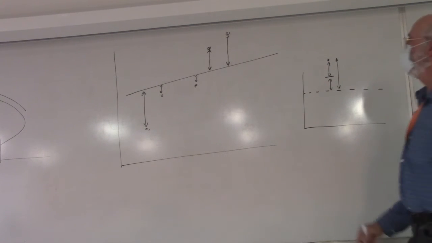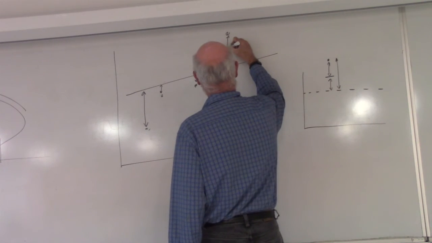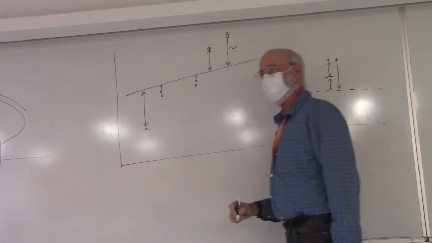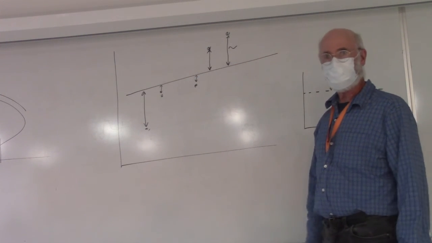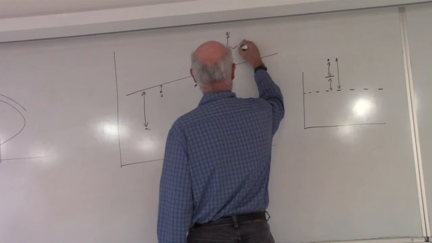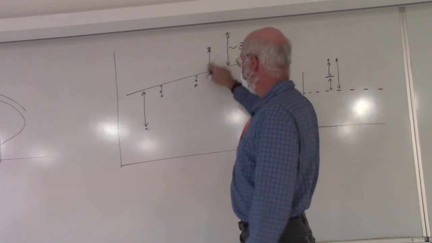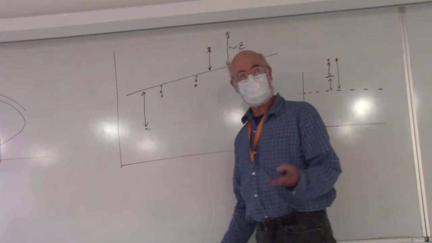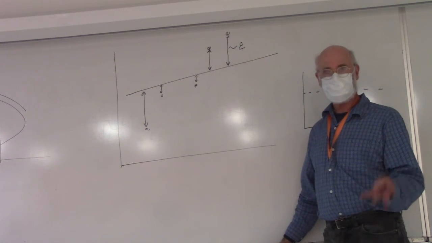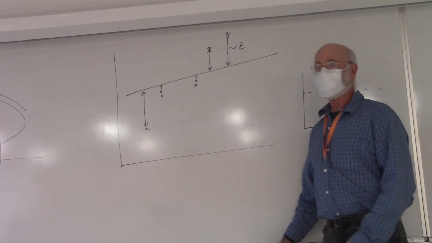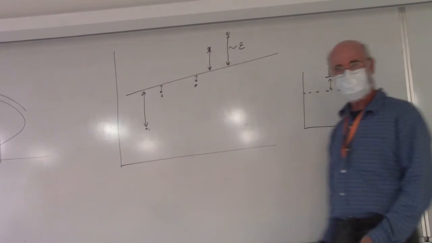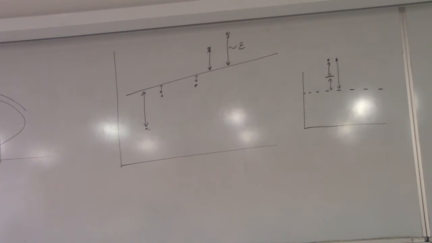Hell yeah. That thing right there is error. That's epsilon. Okay? There's another example of epsilon. Those are things we refer to as residuals. It's the deviation of the point from this line that we're trying to draw.